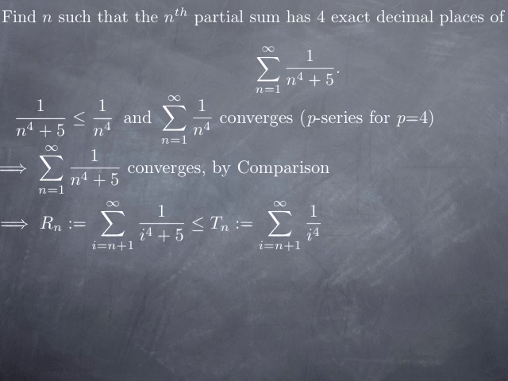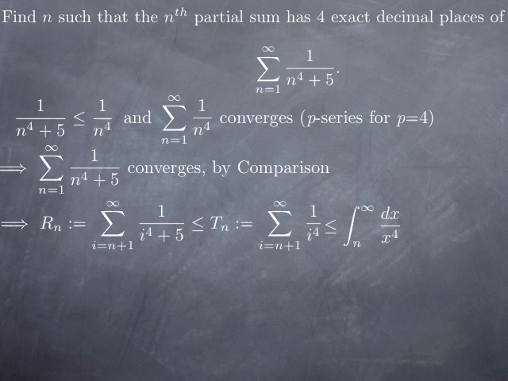When we looked at the integral test, we have seen that the nth remainder is bounded above by the integral from n to infinity of the function when we have a series that is convergent thanks to the integral test. So in this case, it means that this remainder for the series of 1 over n to the 4th is bounded above by the integral from n to infinity of 1 over x to the 4th.